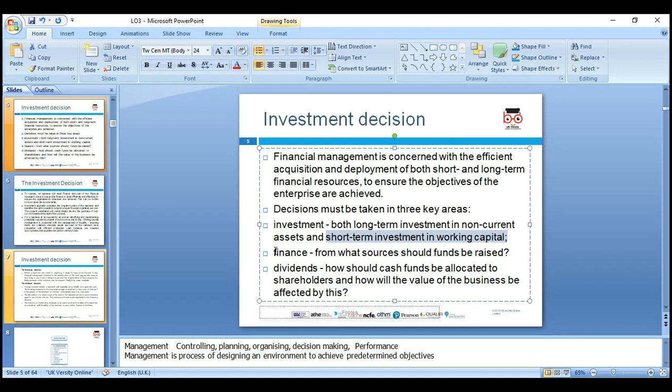Then there is the financing decision: from what source should the funds be raised? You can use internal financing, external financing, debt financing, or equity financing. All of this is part of the investment decisions. Dividend: how should cash funds be allocated to the shareholders?